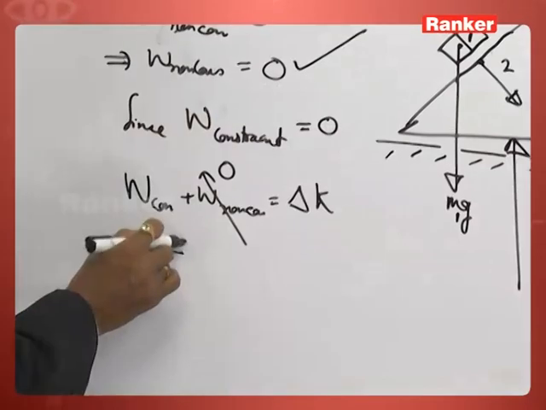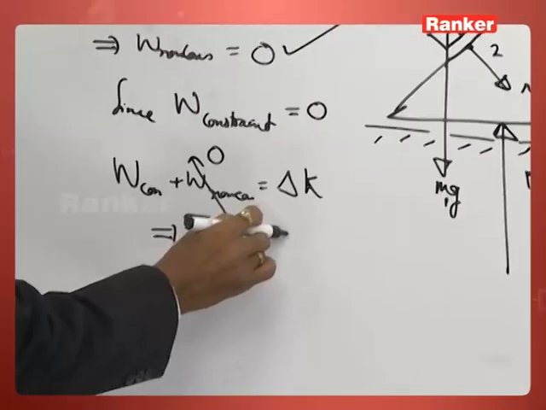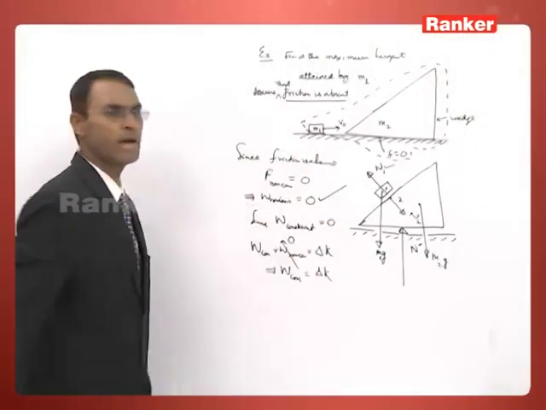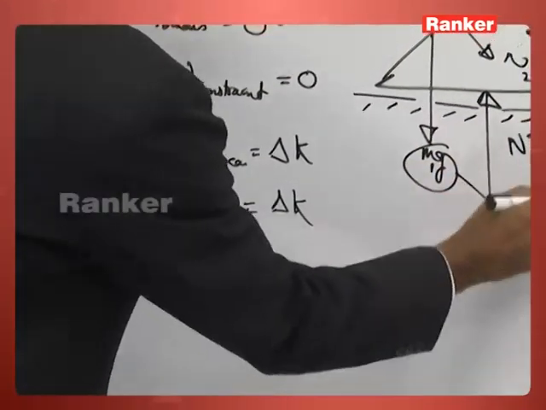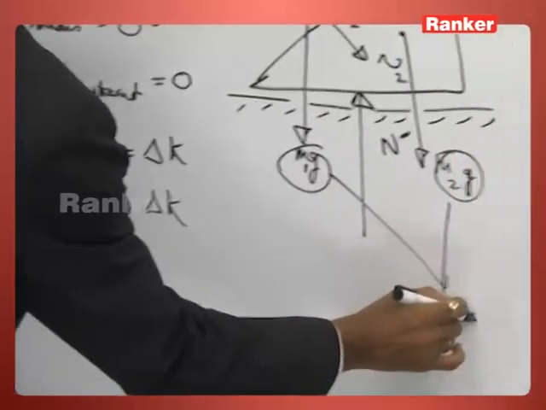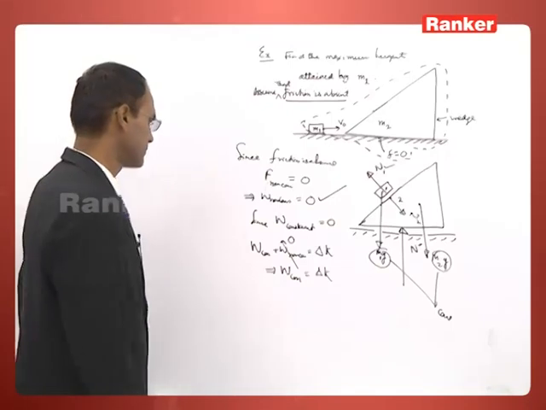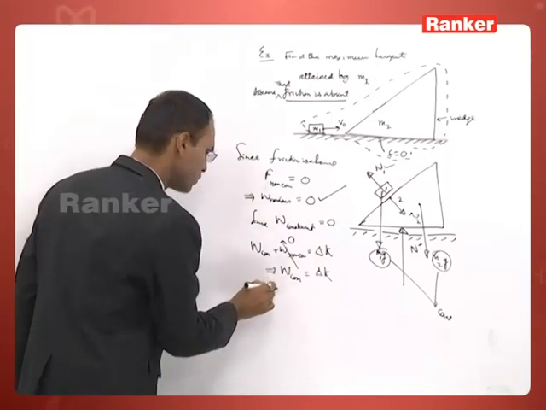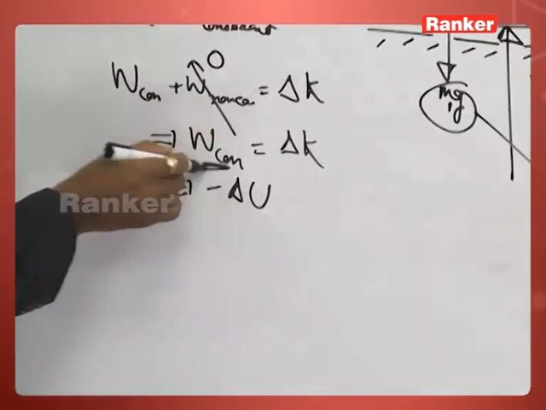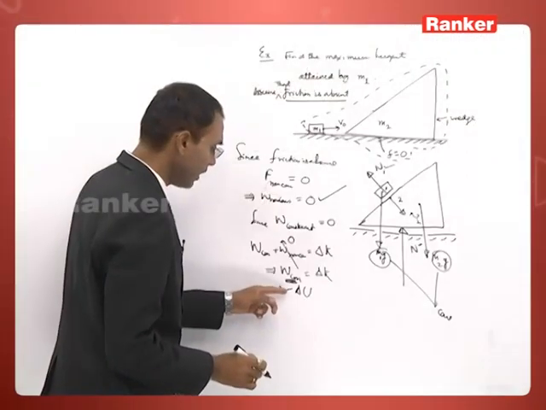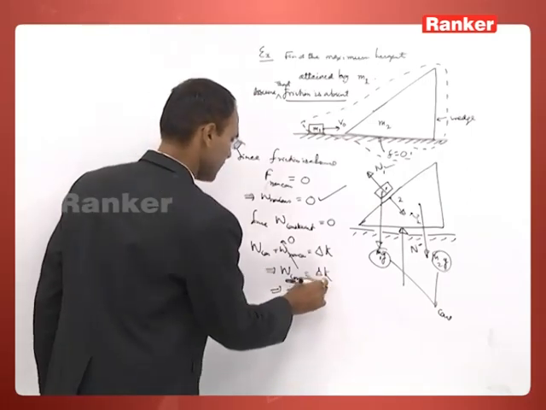Hence you can write work done by the conservative force is equal to change in kinetic energy. These conservative forces, that is gravity, continue to act and they do work. Gravity does work at the expense of its potential energy. So you can write work done by the conservative force is equal to negative of its potential energy change, which is equal to del K.